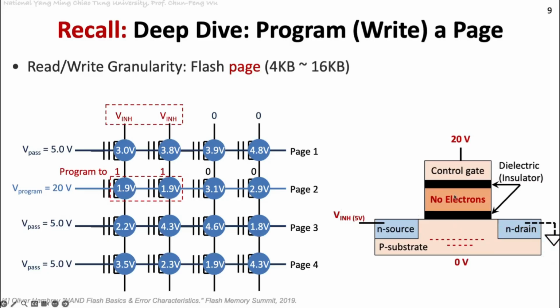This V inhibition, V INH, is applied on the bit line, so those cells are not going to be programmed. In this case, we only program the last 2 cells, and their voltage values increase to 3.1 and 2.9 because there are more electrons inside the floating gate.